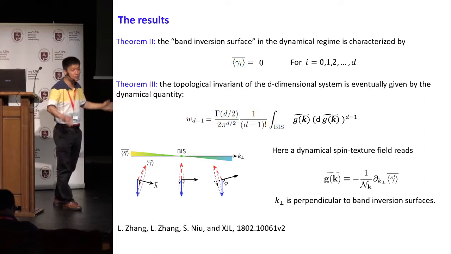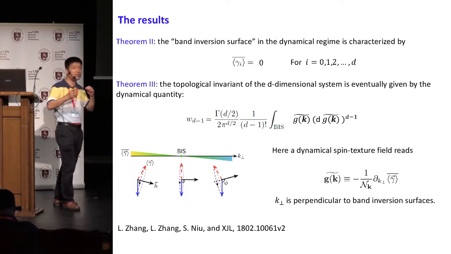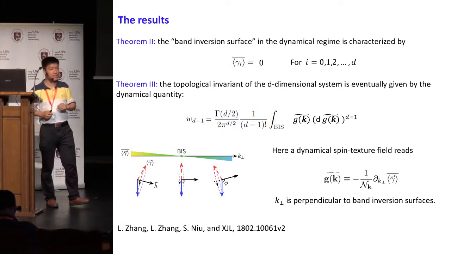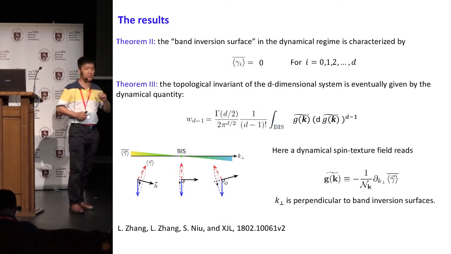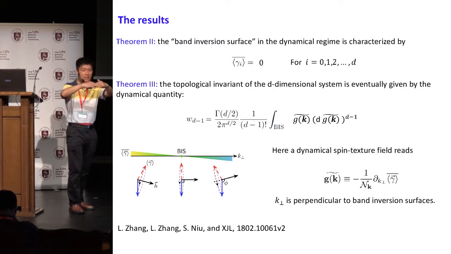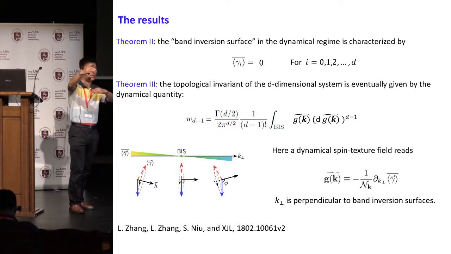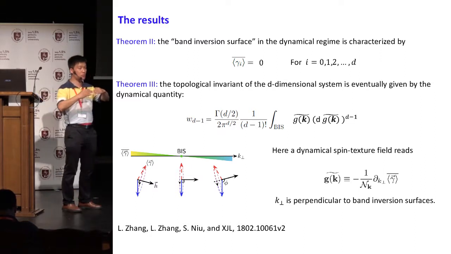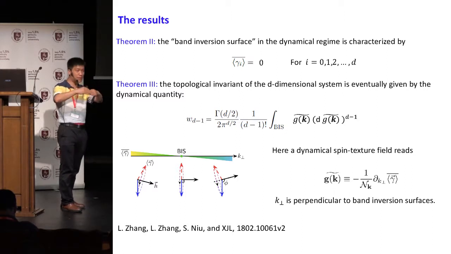So then how to characterize the topology of the system? Only on the band inversion surface is the time average 0. Outside the band inversion surface, it is non-zero. That means inside and outside the band inversion surface, it will be non-zero. Therefore, we can look at another value to see how the spin polarization changes from inside to outside.